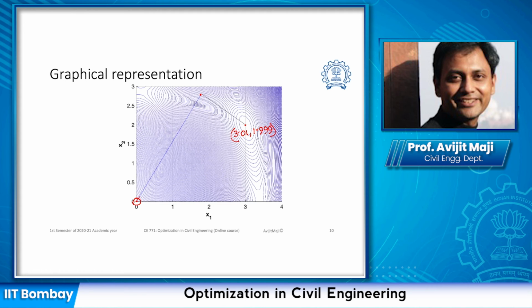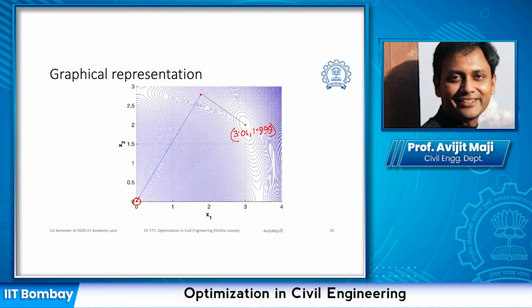And once we reach this particular point, if we compare the relative movement of this point with respect to the previous point, we'll find that it has met the termination criteria, and hence we have stopped.